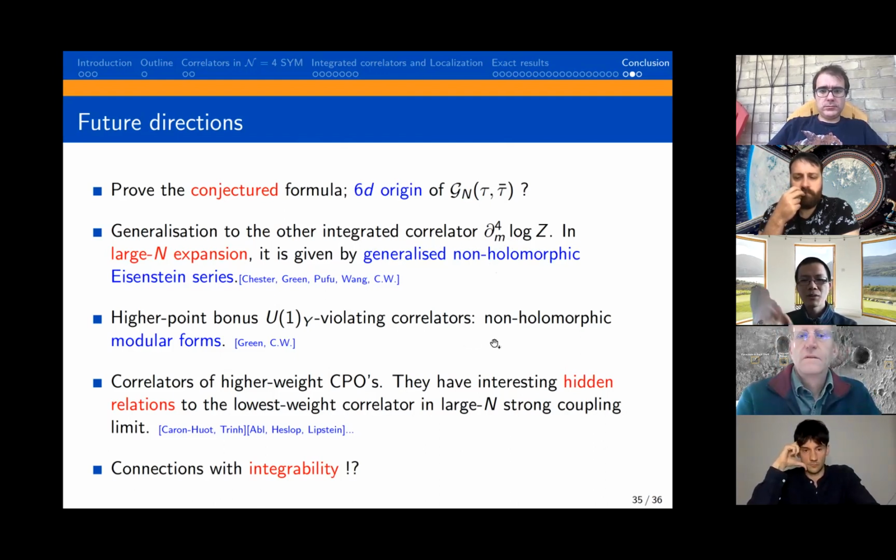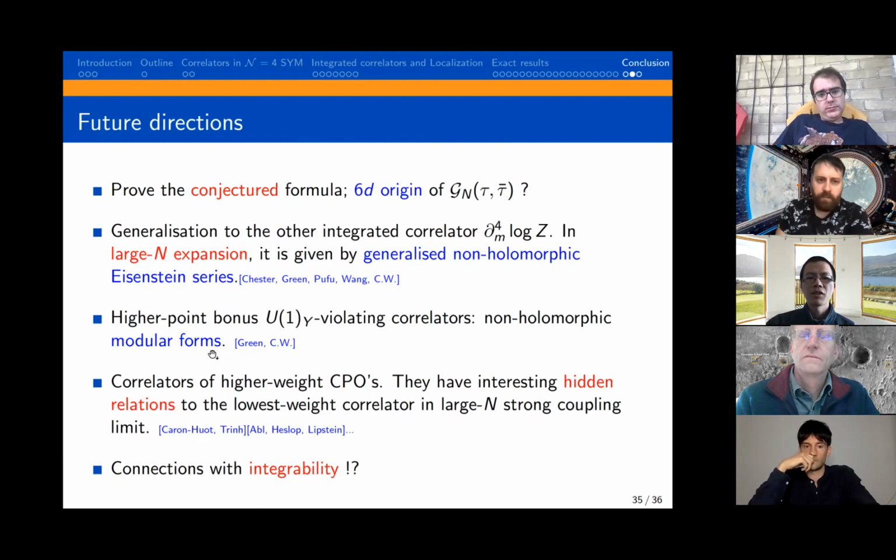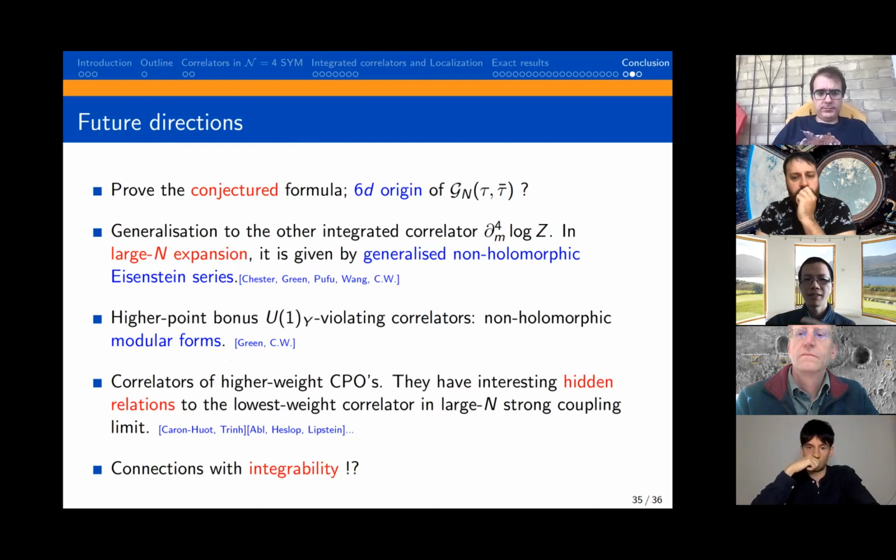Then there's a class of higher-point correlators one could in principle study. For those, the associated function is not modular. For 4 points, we have modular functions in the sense that they are invariant under SL(2,Z).